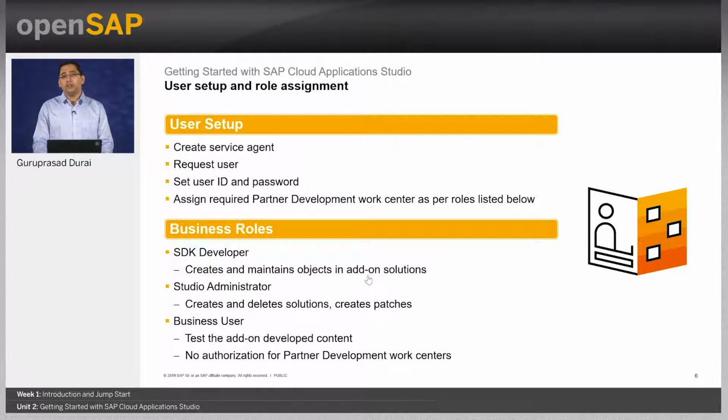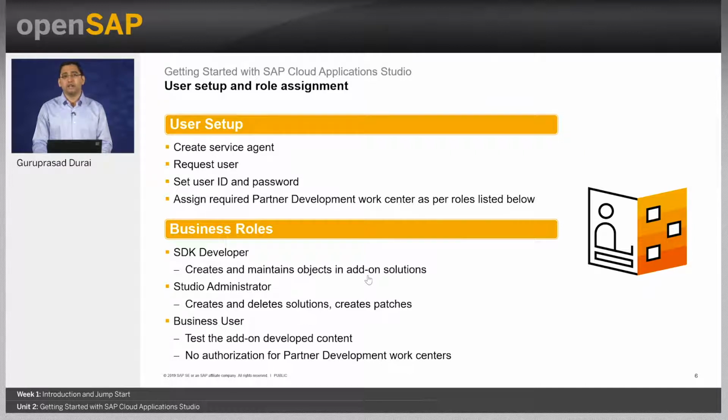The SDK developer is the person who creates and maintains the objects or artifacts in the solution, and the studio administrator is the one who would create the solution and create the patches. The business user is the one who would test the add-on which is being developed, and for this business user you do not assign any partner development work centers.